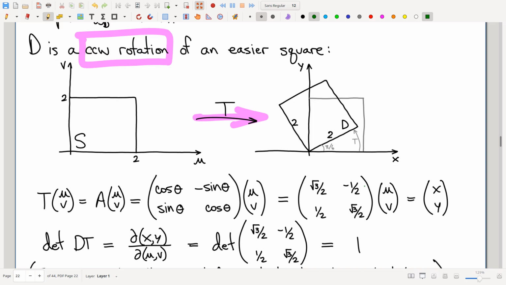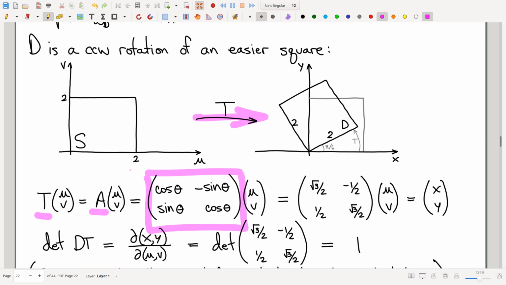And the big idea is it's a linear transformation, therefore represented by a matrix. And I claim that this is the matrix by thinking about how the columns are the images of the standard basis vectors. So again, details to be worked out there.